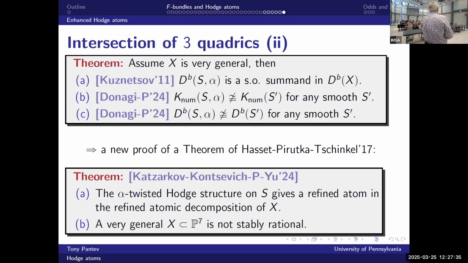That gives you a new proof of a theorem of Hassett, Pirutka, and Tschinkel, a non-rationality theorem for the intersection of three quadrics, where they use the Gauss homology of the degeneration to prove it. It says, again, the same statement: this refined atom cannot come from a surface, so this thing cannot be rational.